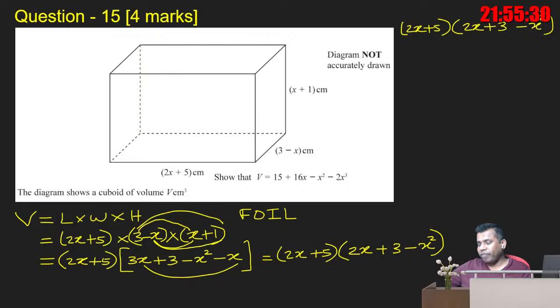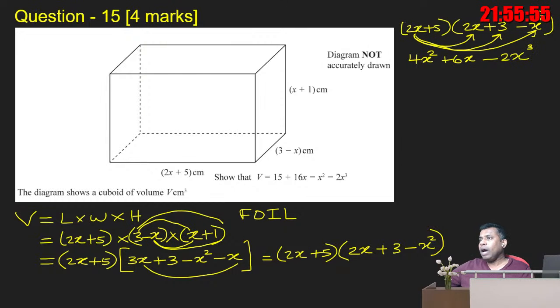Now you have to be very careful with what I am doing. 2x times 2x is 4x squared. Then 2x times plus 3 is 6x. And 2x times minus x squared is minus 2x cubed, right?